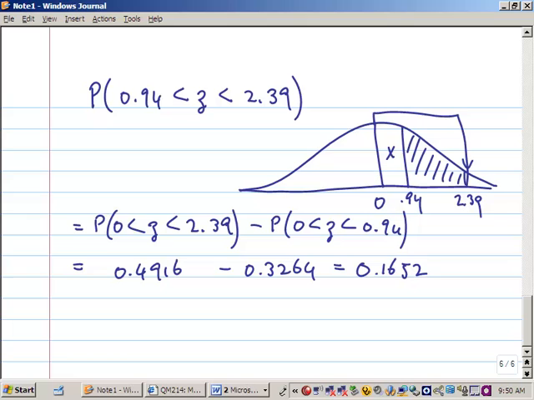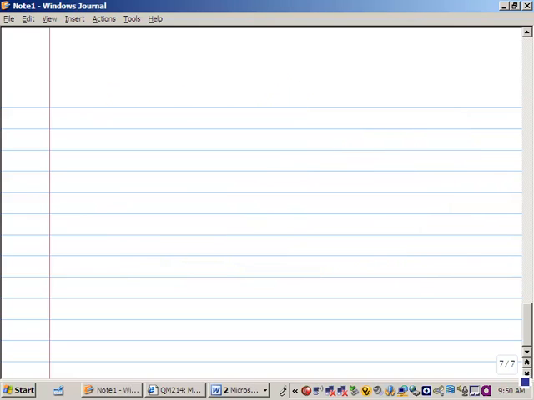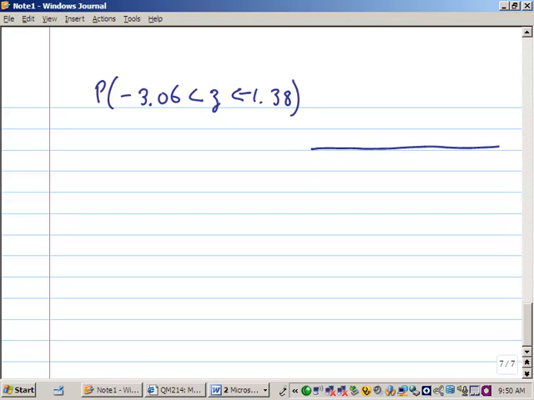Okay, and so we could do the same thing on the other side of the distribution. Let's say we're looking for an area from negative 3.06 down to negative 1.38, both on the negative side of our z distribution. So this is the 0 point, say negative 3.06 here, negative 1.38 there.